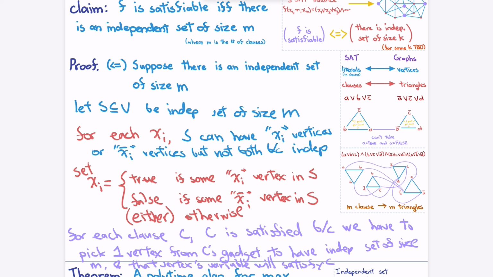There's no conflicts. And the next thing you need to do is convince me that this is a satisfying assignment. Well, the only way to get M, given our construction, is to choose one from each triangle, because there's M triangles and you can only choose one from each triangle. And then that'll give you that literal with the variable that'll satisfy it.